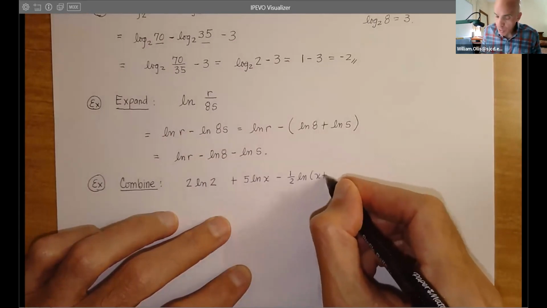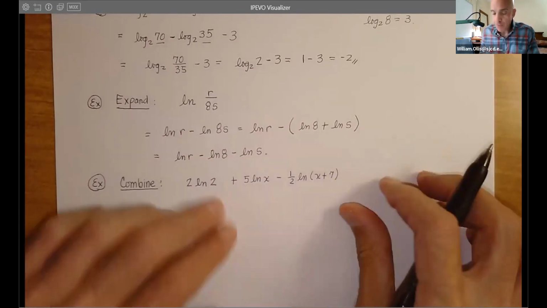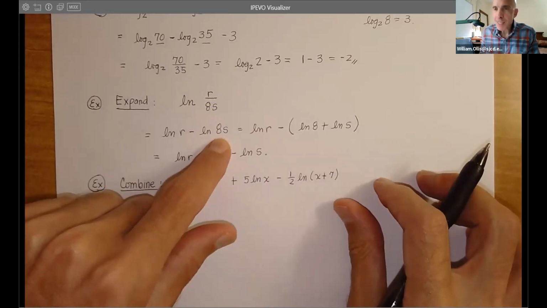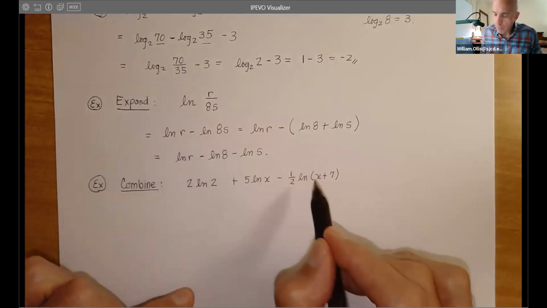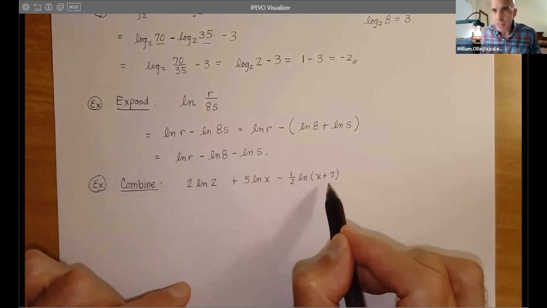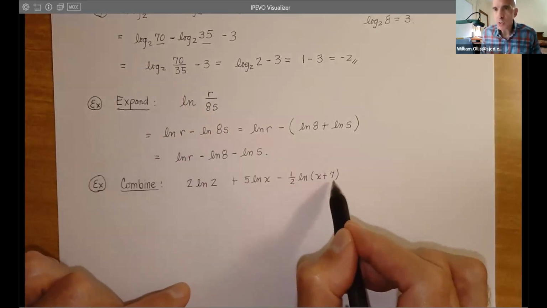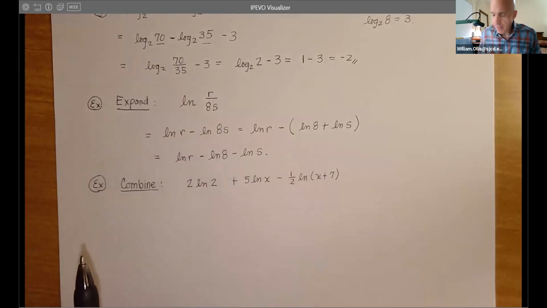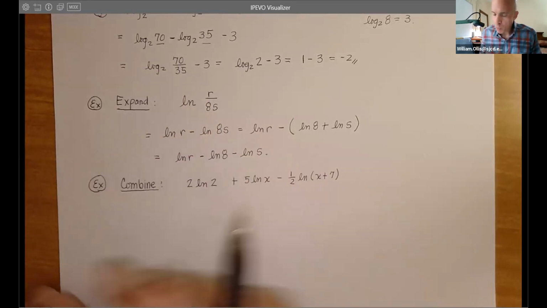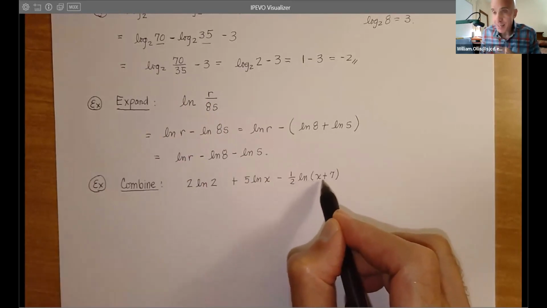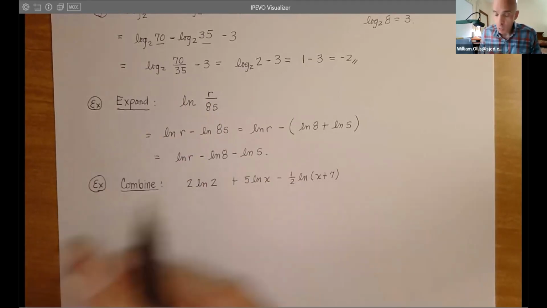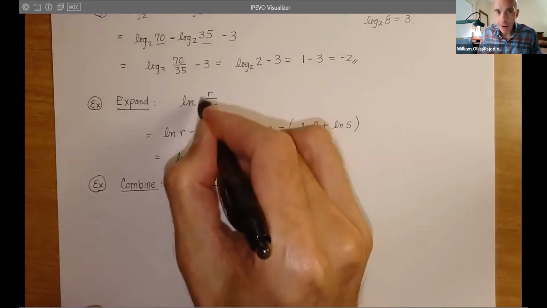Then we have minus 1/2 the natural log of the sum, x plus 7. Notice a lot of times, if I've got a fraction or a product, WebAssign will always stick in the parentheses, but here this is very clear. But when we have sums, it's not clear unless you use the parentheses, because we want to make sure that you know that the argument of the natural log is the sum of x and 7, where here the argument is clear, it's that fraction.